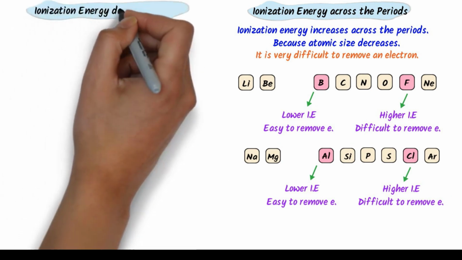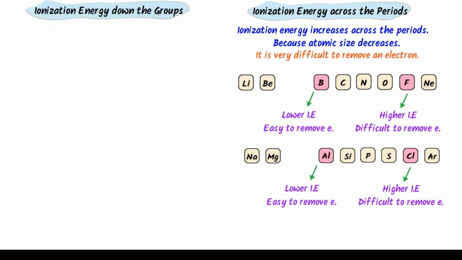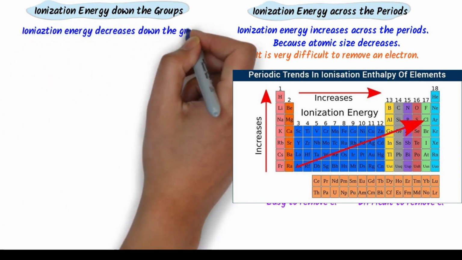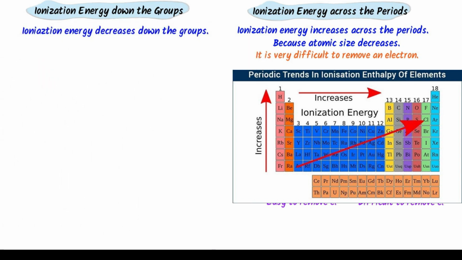Now we will learn trends of ionization energy down the group. Remember that ionization energy decreases as you go down the group from top to the bottom. It is because atoms are larger at the bottom and the attraction between nucleus and outermost electron is weak.